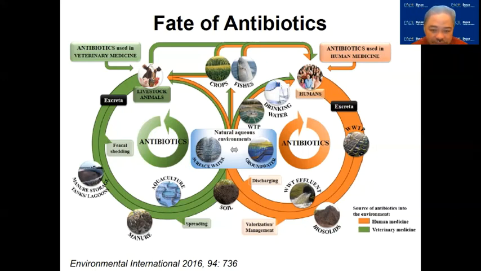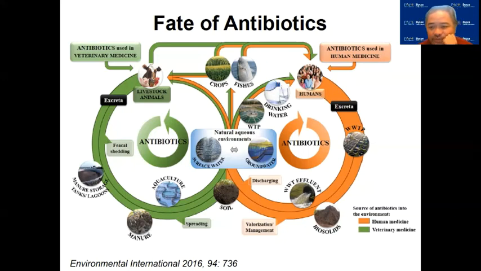Some of them will be discharged and go to the surface water or the groundwater. Some of them will go to the soil. Now, we all know that wastewater treatment plants treat the water not because of the presence of antibiotic metabolites.